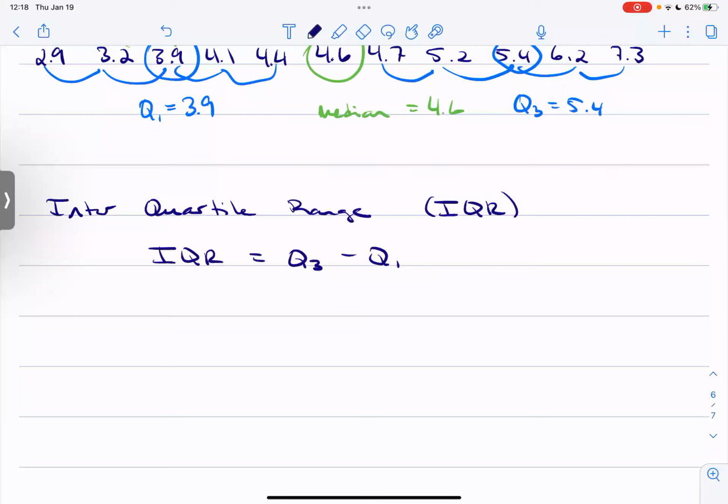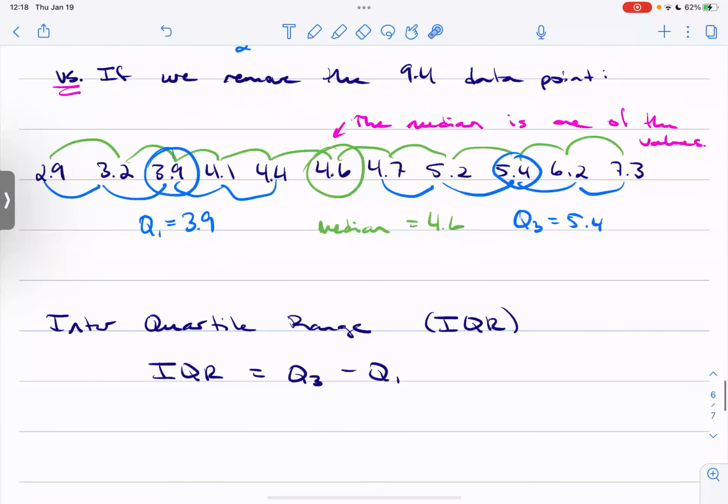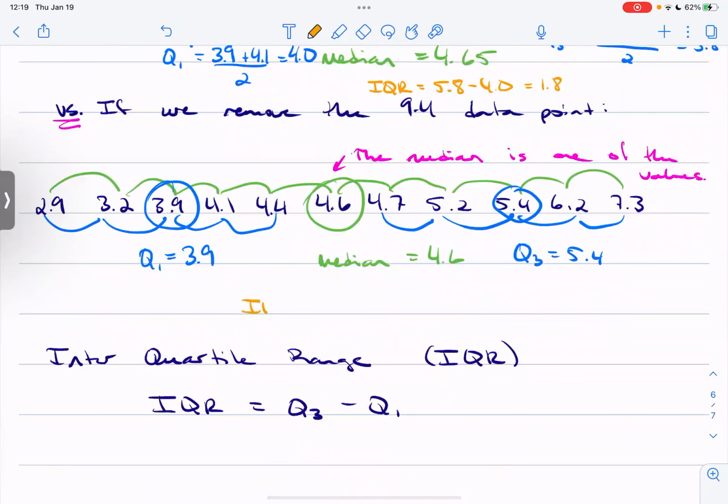Q3 is always larger than Q1 unless you did something wrong. So in this case, the IQR for this one is 5.8 minus 4.0, which is 1.8. And for this one, the interquartile range is 5.4 minus 3.9.